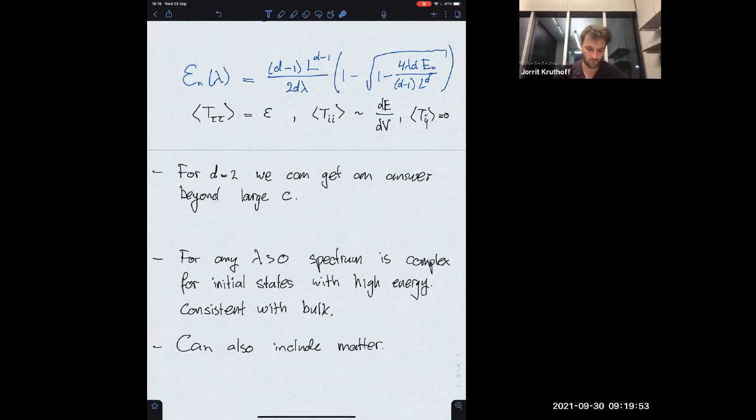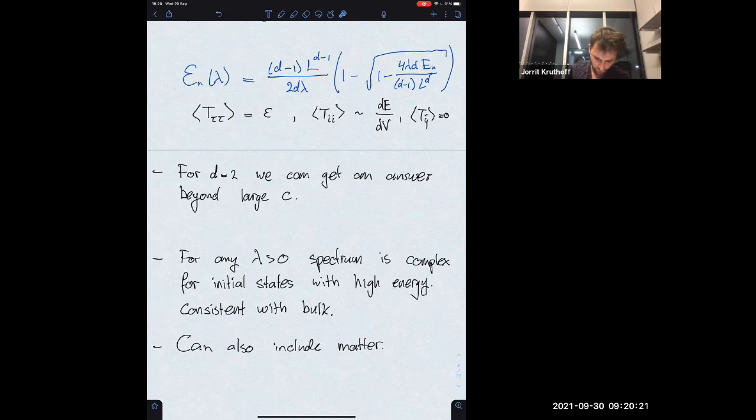That's precisely why you get this. One of the big questions still open in this TTbar relation with holography is whether we can make that work. Is there a specific way to cure this, or do we need to cut off the spectrum in some artificial way, or is there a more natural way of thinking about it?